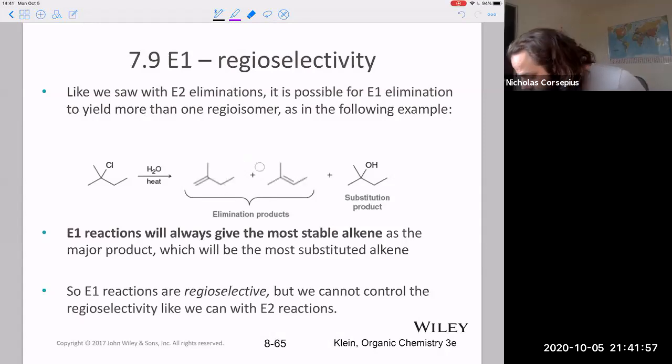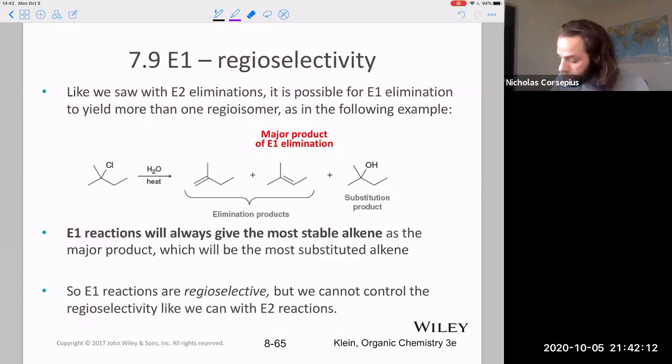So you're always going to get a mixture of your elimination products, and then your only consideration is which one is more stable. Remember, we talked about the more stable alkenes, they're more highly substituted. So in this case, your major product would be this more highly substituted 1, 2, 3 versus just 1, 2 alkene. So for the SN1s, you're going to get this racemic mixture. For the E1s, it's always going to favor that more stable alkene.